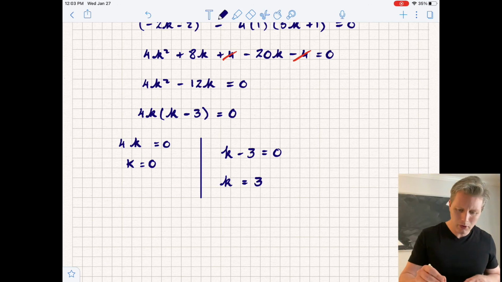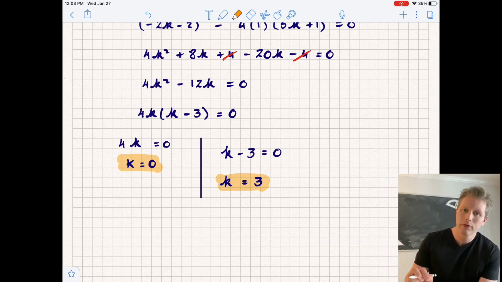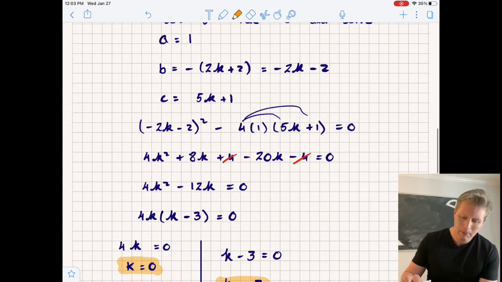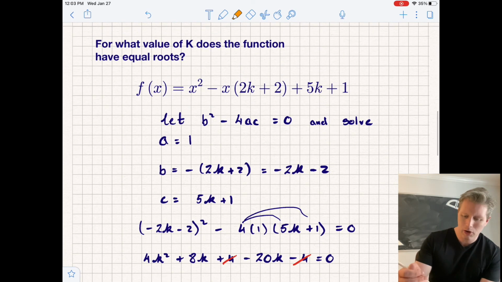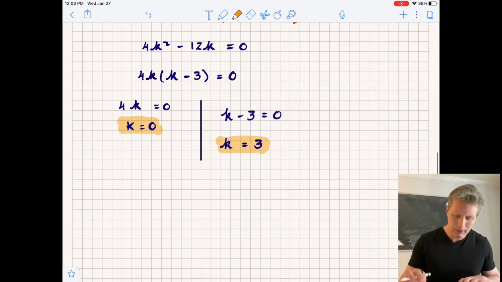And so those are my two solutions: k is equal to 0 or k is equal to 3. Those are the two values for k that will make it so that my function f of x has equal roots.